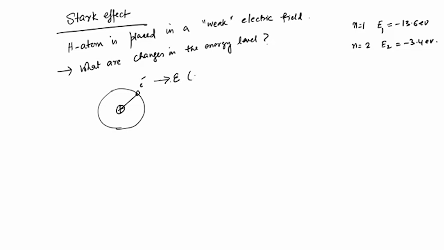So, this is, say, in the plus Z direction. This is just a sort of notation that one uses for convenience. It really does not matter which direction it is, but it is only in the Z direction that you do not have any azimuthal dependence, that there is no phi dependence.